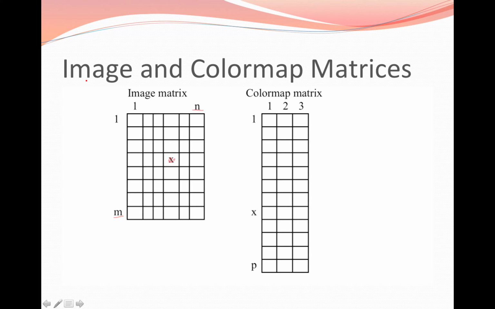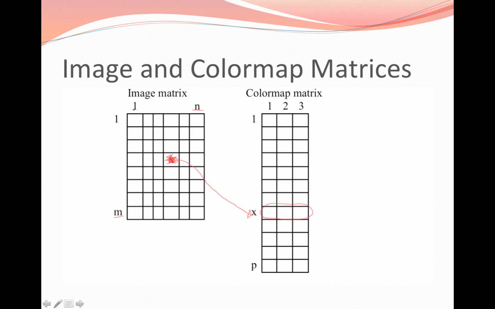So if this value in the image matrix is x, where x is an integer, that means it's referring to this particular color in the color map matrix. When you display the image, the block here for x, however large that pixel is, will be this color, whatever this color is.